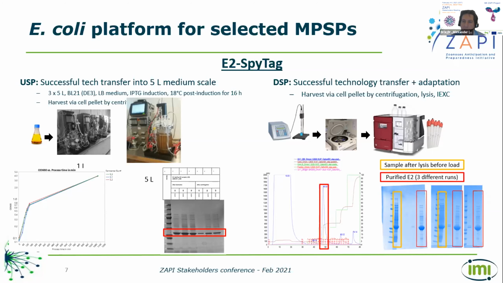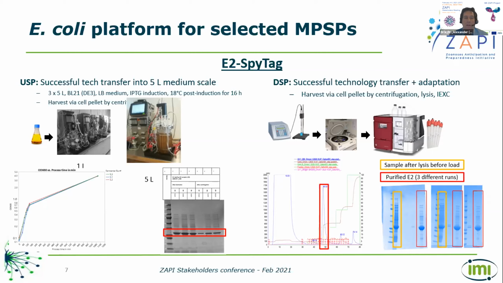Again, of course, harvest and cell lysis. And then this is followed by an ion exchange chromatography immediately. You don't see the endotoxin removal step here because this is still under investigation, but so far results indicate that we don't need it because we are at low enough levels due to the first ion exchange chromatography.